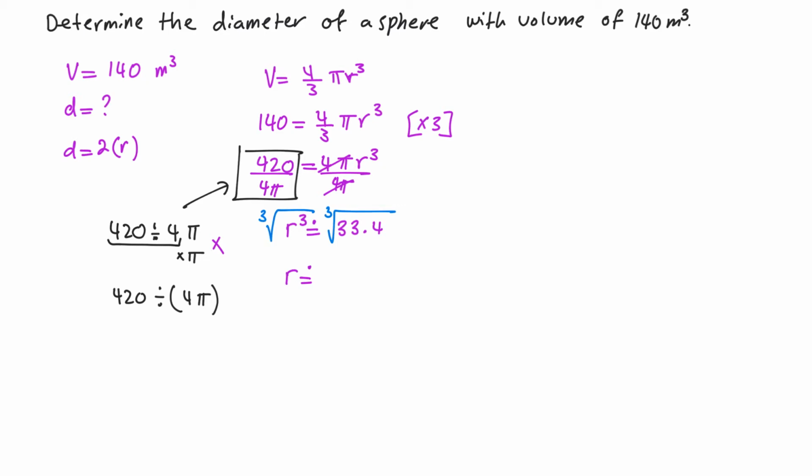Depending on your calculator, there's different ways of doing this. So sometimes you have the button for cube root of a value, and then you can do the cube root of the answer from the last part of your step, and you will get an answer.